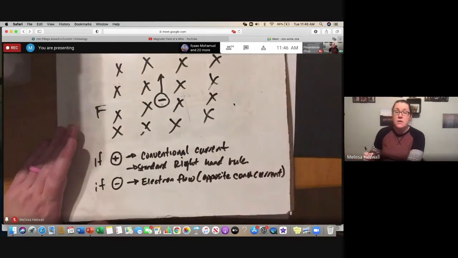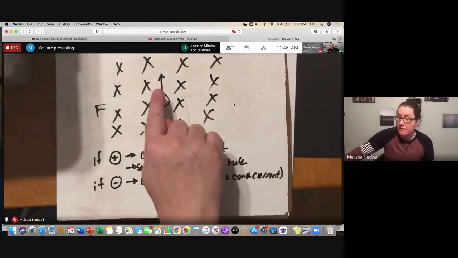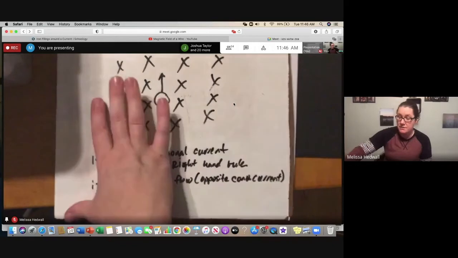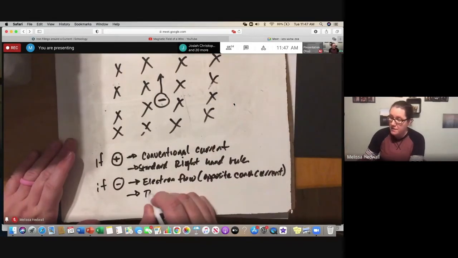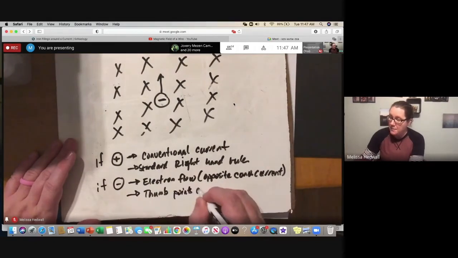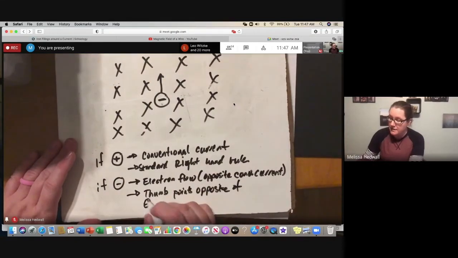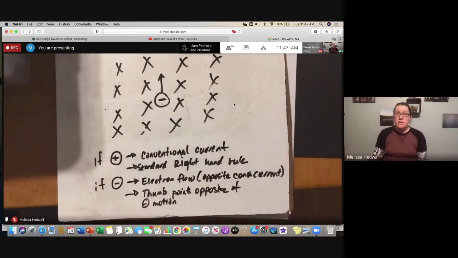So if it is a negative charge, it's moving in whatever the electron flow is. If this is moving this way, it means that conventional current would be notated in the opposite direction. So when you do that, your thumb points opposite of the negative motion.